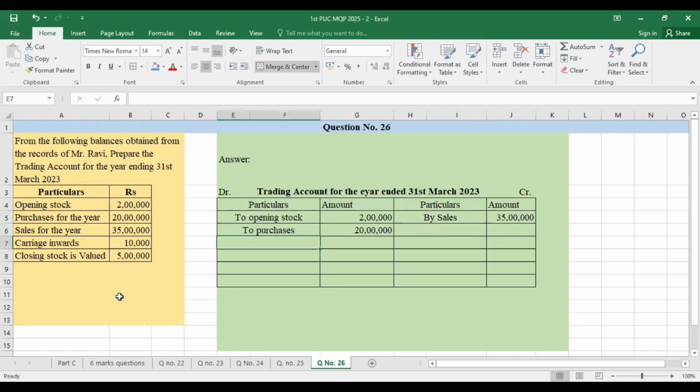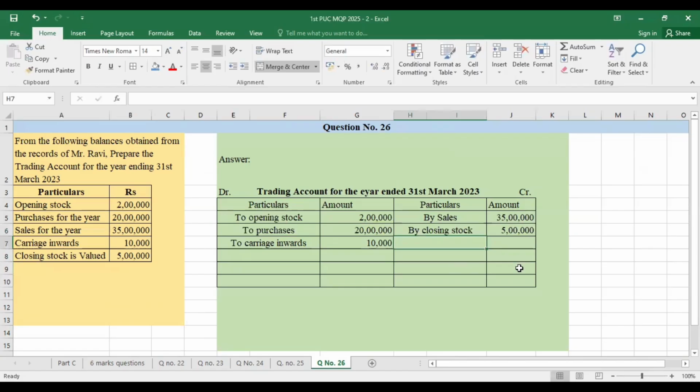Next, carriage inwards. Carriage inwards is always an expense that has to be considered in the trading account, but carriage outwards is an expense that has to be considered under the profit and loss account. That you'll have to be careful about always. Then they have given by closing stock, 5 lakh.